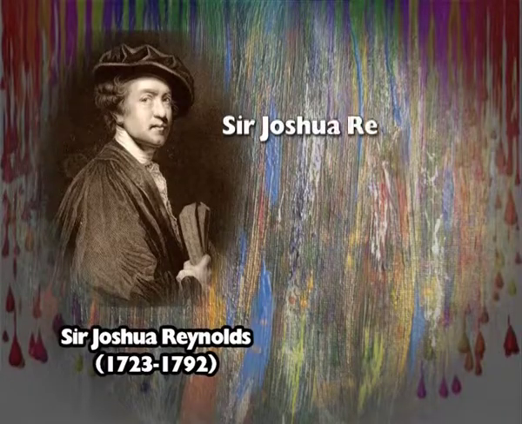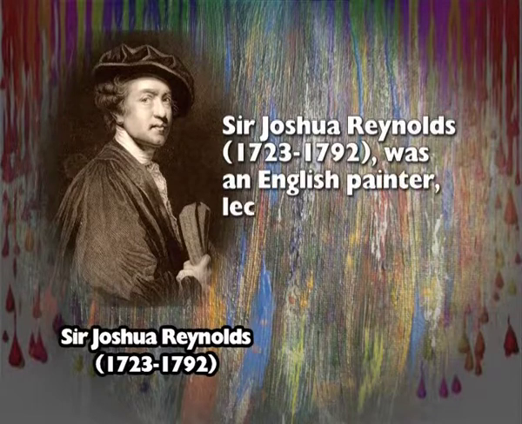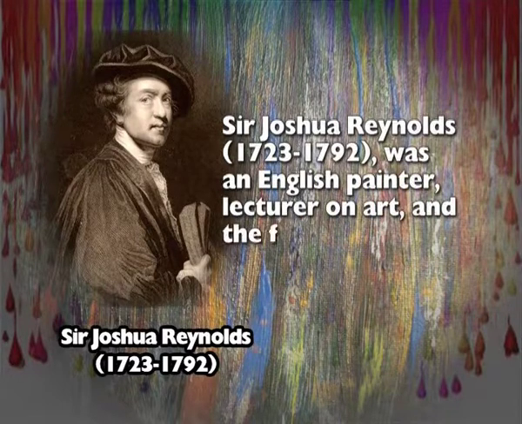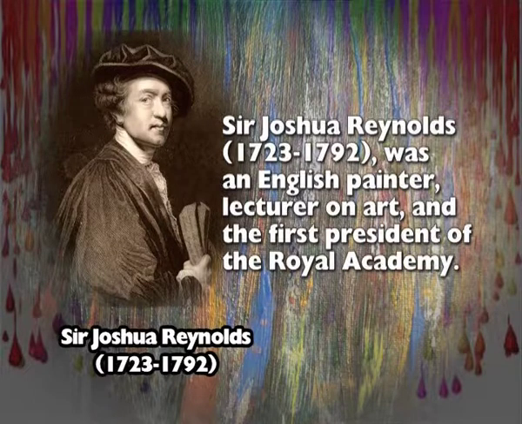Sir Joshua Reynolds, 1723 to 1792, was an English painter, lecturer on art, and the first president of the Royal Academy. Sir Joshua Reynolds' published use of value has been read by art world readers ever since the late 18th century.